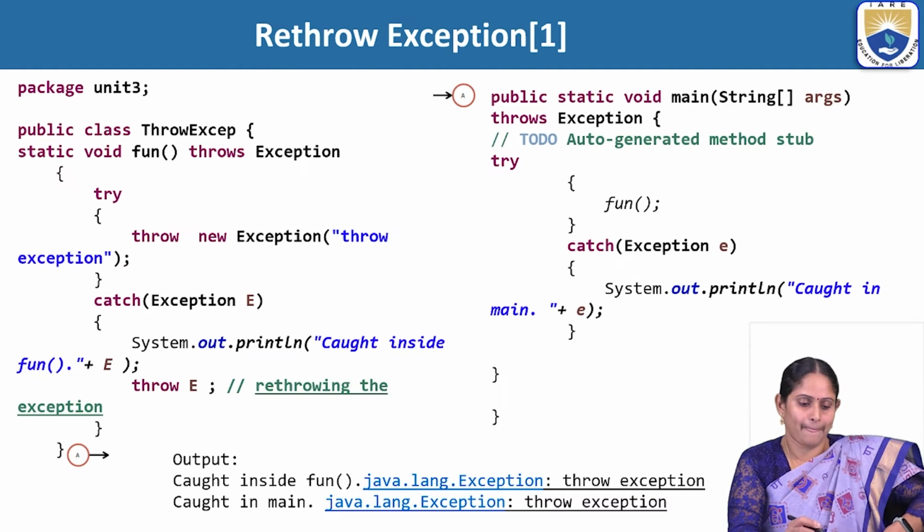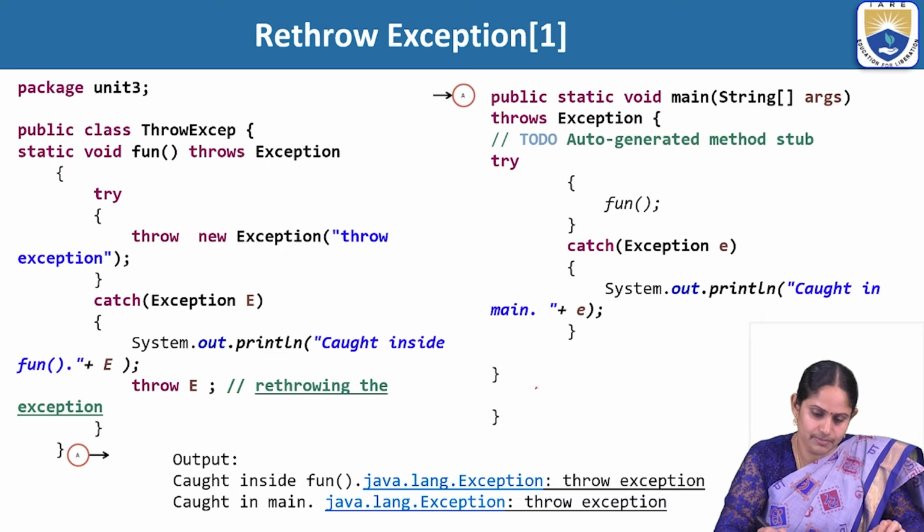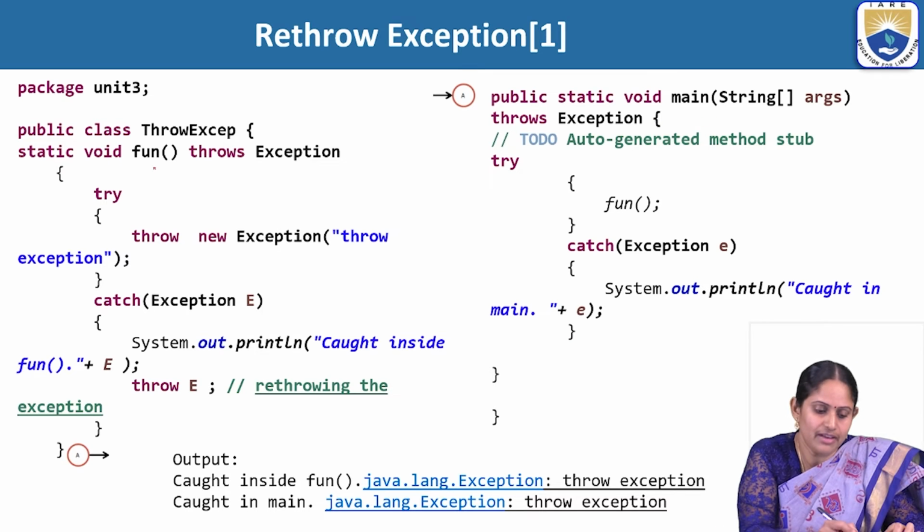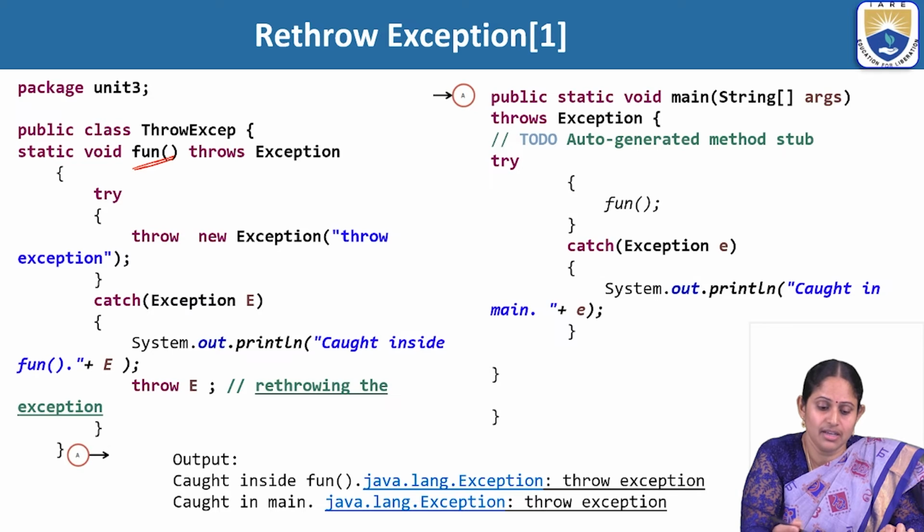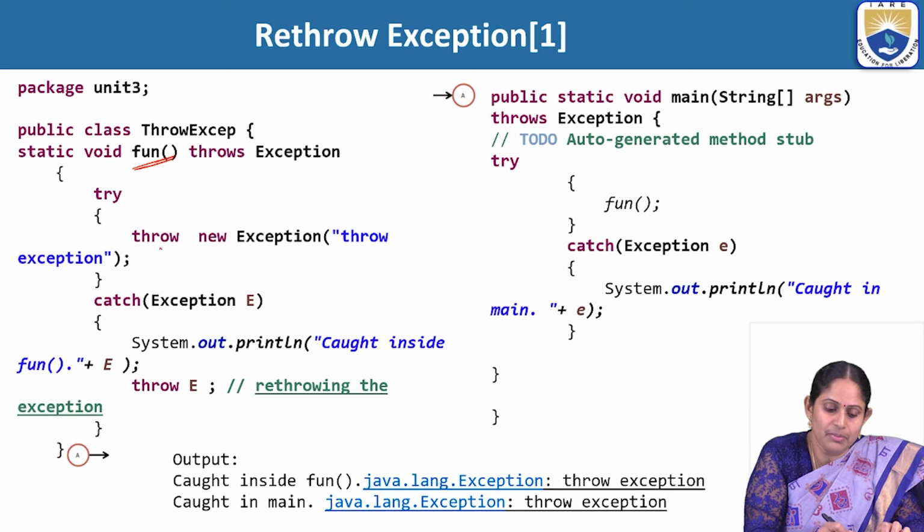So here in our program, we have a method named fun, which is making use of the throw keyword.